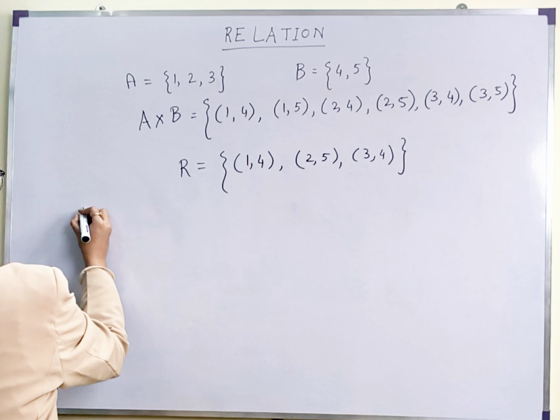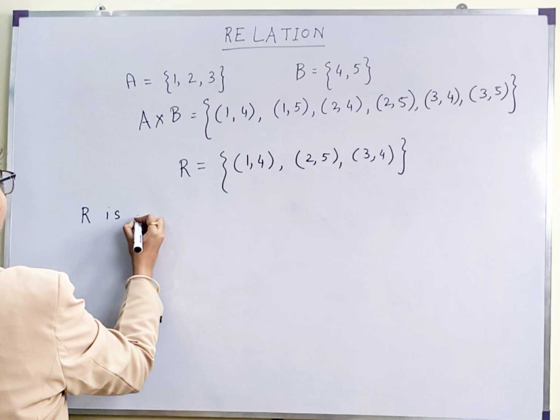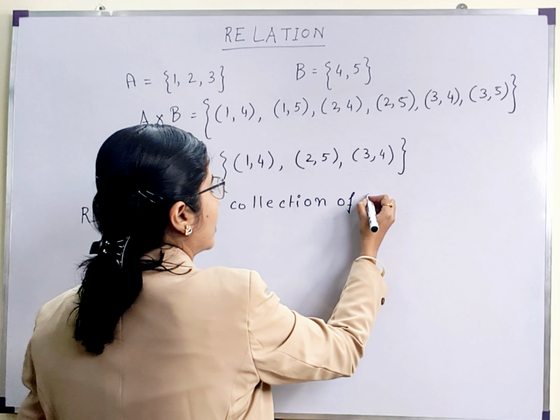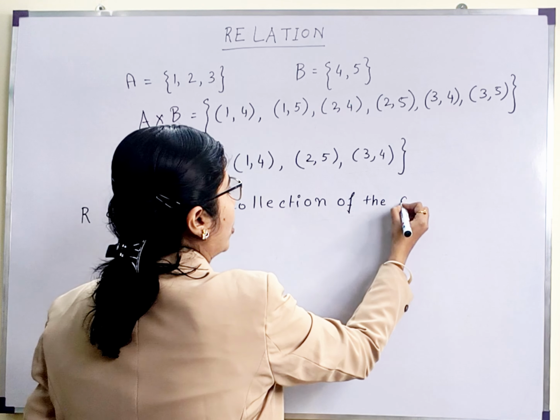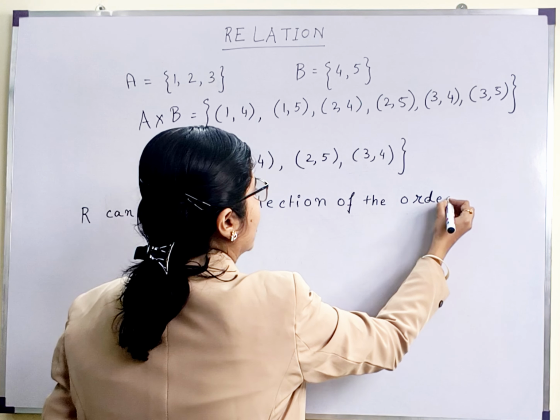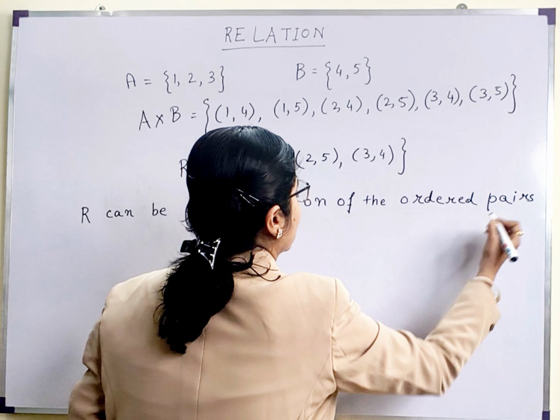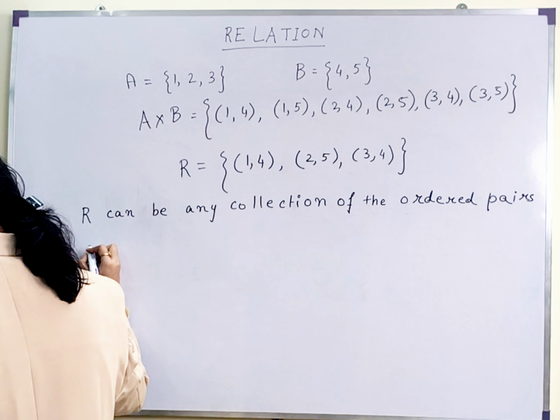So R can be any collection of the ordered pairs in A cross B.